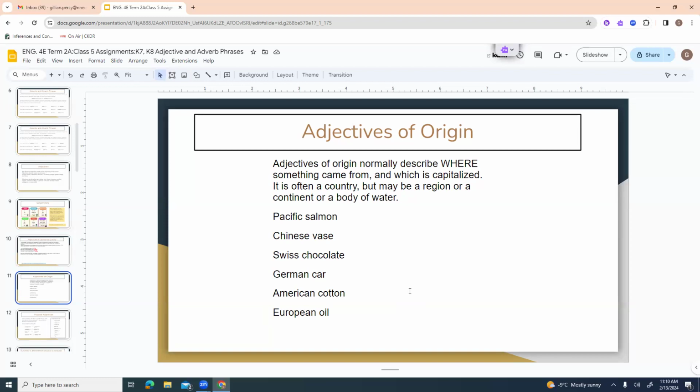A Chinese vase obviously came from China. Swiss chocolate comes from Switzerland. German car comes from Germany. American cotton would come from America. European oils, where we're talking about a whole kind of category. Okay. So origin is like the country of origin, I guess.